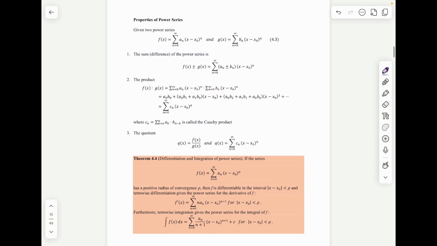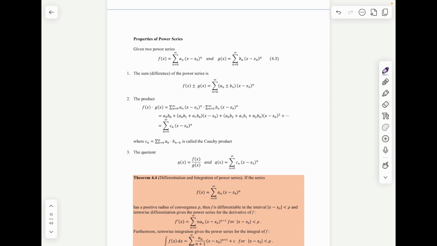So given two power series, f(x) and g(x), we have the sum or the difference of the power series can be written this way. Okay, this is your a_n, and this is b_n.